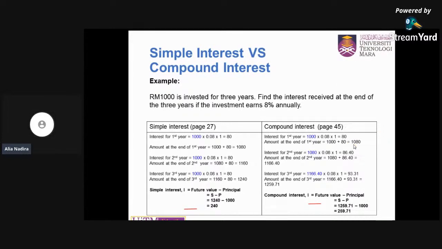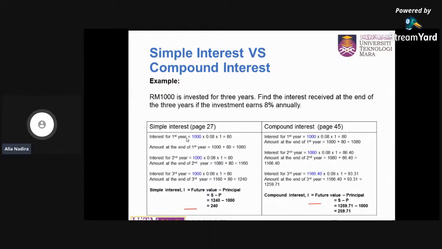So let's look at how it goes. We have RM1000 invested for 3 years. You want to find the interest received at the end of 3 years if the investment earns 8% annually. I will show you the first one, using simple interest.